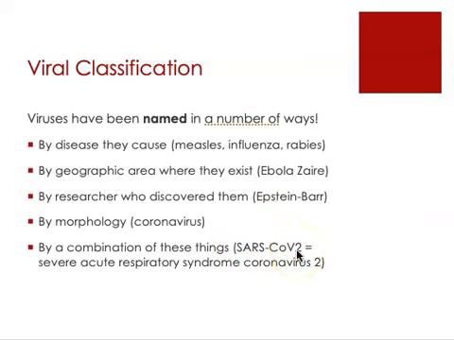So you see all kinds of different systems used to name viruses, and it's problematic. It's hard to know, for example, how certain viruses relate to each other or if they don't relate to each other because of this naming system or a lack of a naming system.